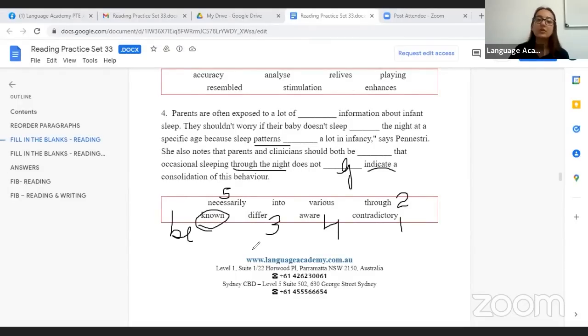So here they have said through the night because they wanted to say that, in the last sentence, occasional sleeping through the night, that he sleeps some parts of the night, that is why it is through the night. They wanted to highlight it as a process rather than a period of time. So that's why it is through here.